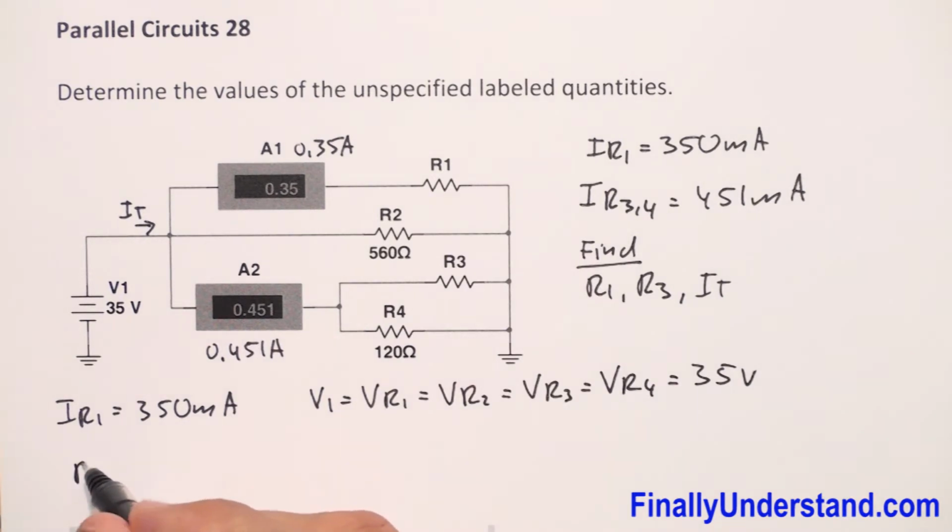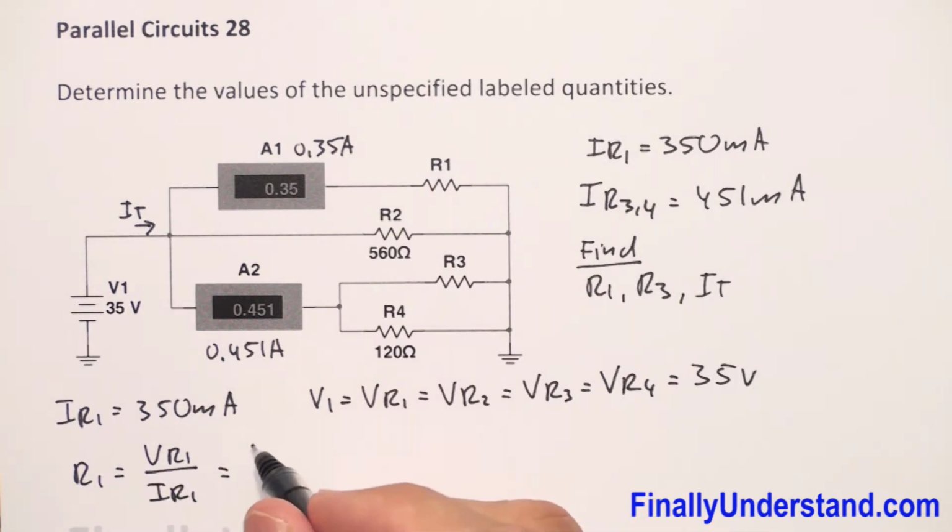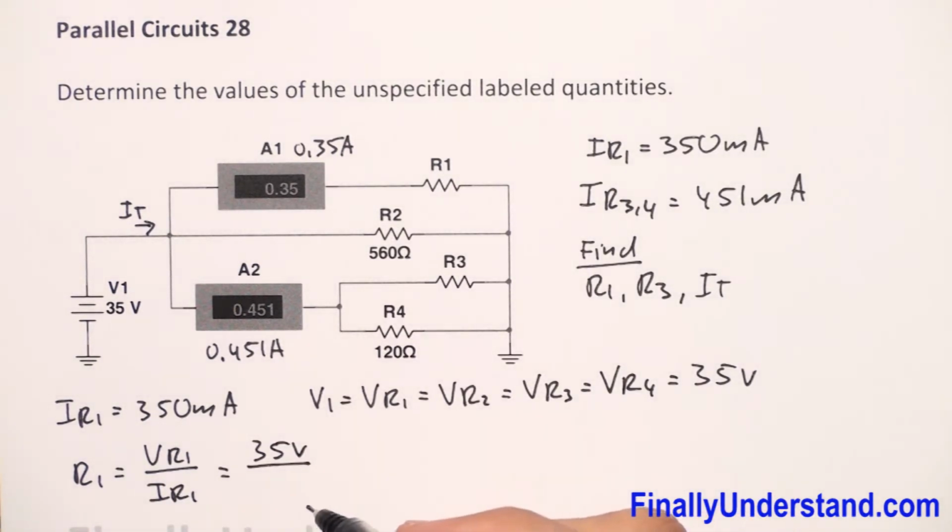So R1 is equal to VR1 over IR1, where VR1 is 35 volts over IR1, which is 350 milliamps.